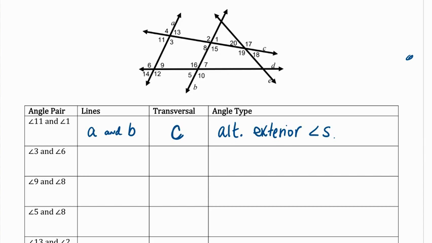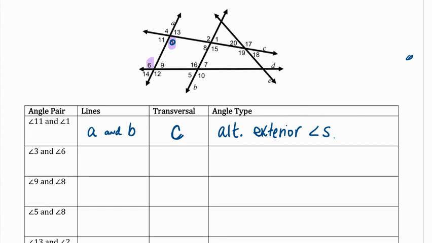So now we're going to look at angle 3 and angle 6, right? So there's angle 3, there's angle 6. Again, I'm looking for which line both of those angles touch, for my transversal.